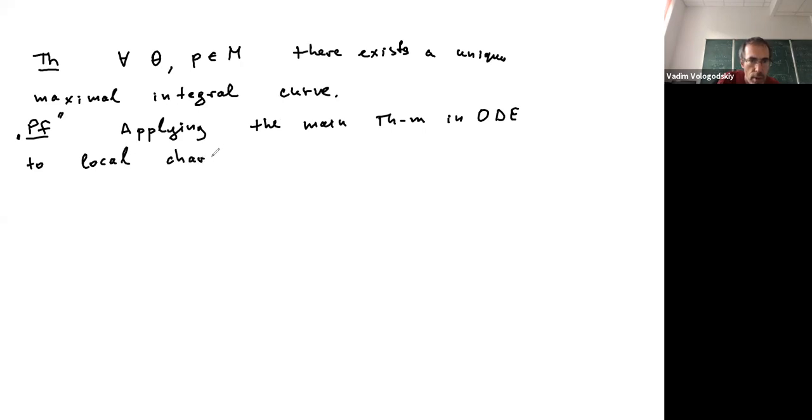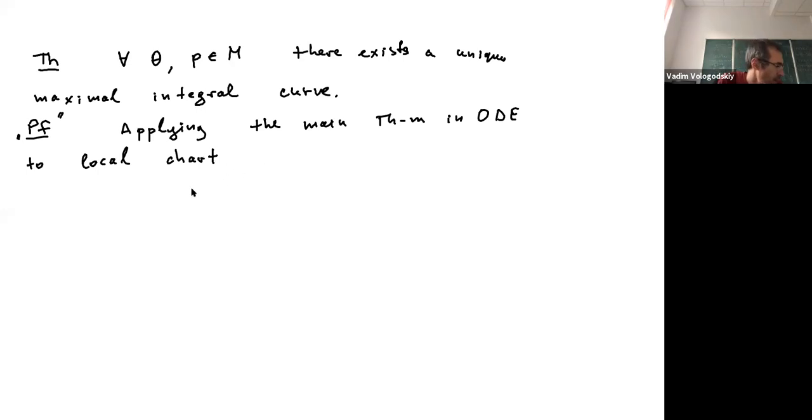So pick a point P, look at an open chart, identifying a neighborhood of this point with Rn. So then a vector field is just given by n functions on Rn. The equation that a vector valued function gamma is an integral curve is an ordinary differential equation.